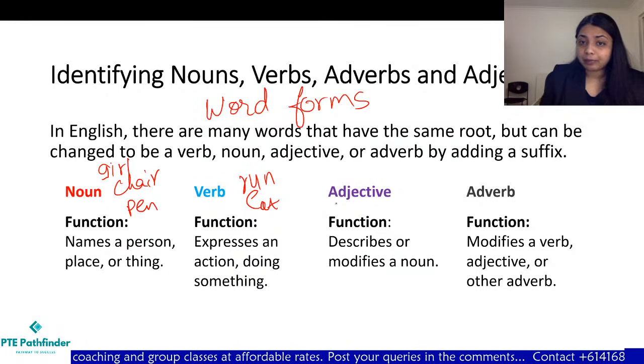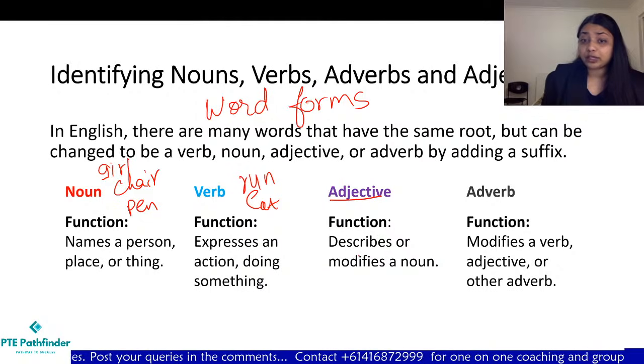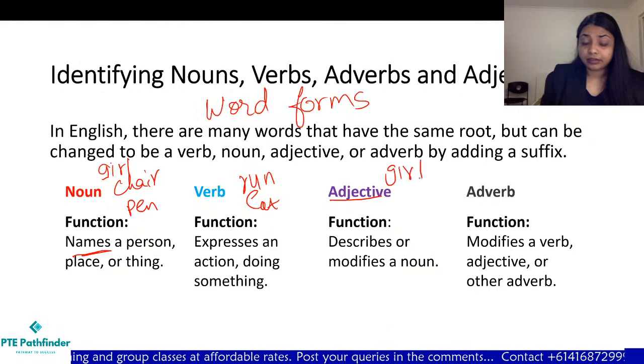Now, when we talk about adjectives, adjectives are basically those type of words that describes or are modifying a noun. So they are related to the nouns. So they talk in detail or they describe the noun. So for example, if I say a girl, right? So girl is a noun.